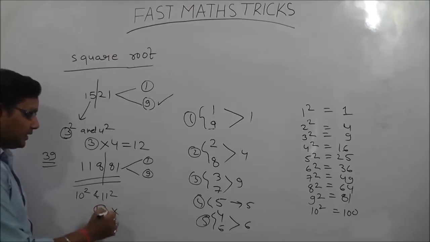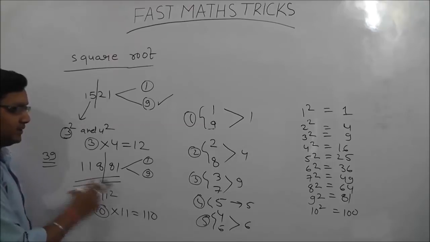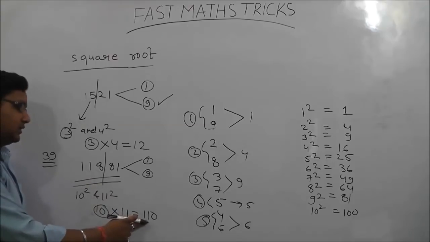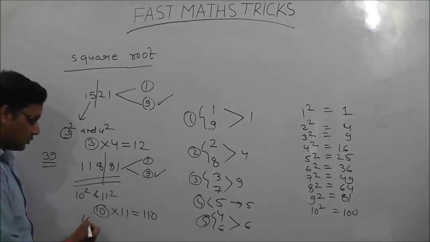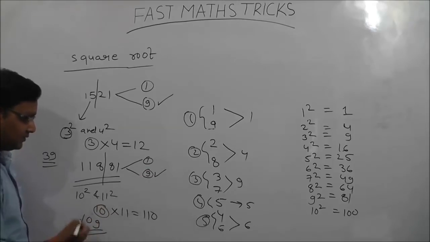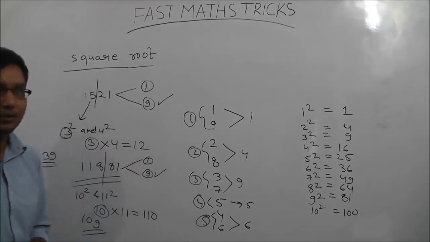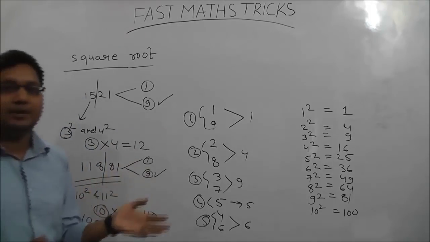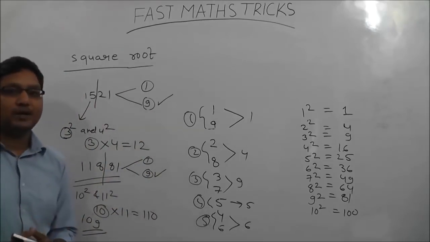Taking 10 and multiplying with the next digit, that is 11, gives 110. 118 is more than 110, so take the greater value. The first digit is 10, so the square root will be 109. In this way you can find the square root of any number, whether 4 digit, 5 digit or 6 digit.